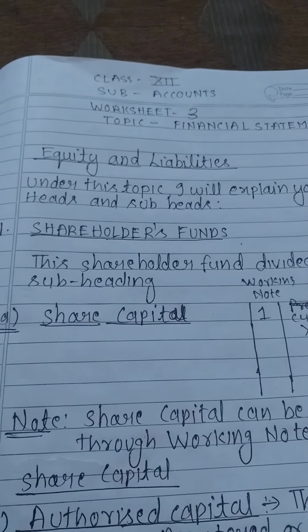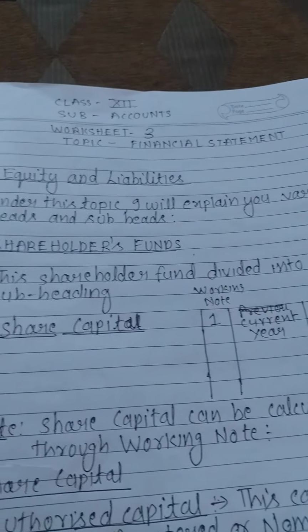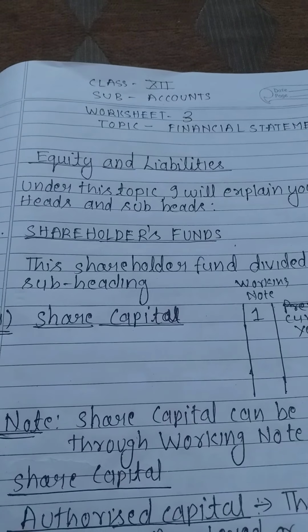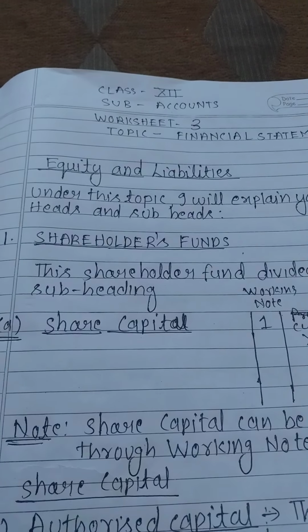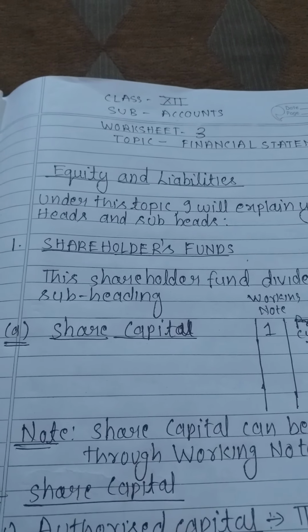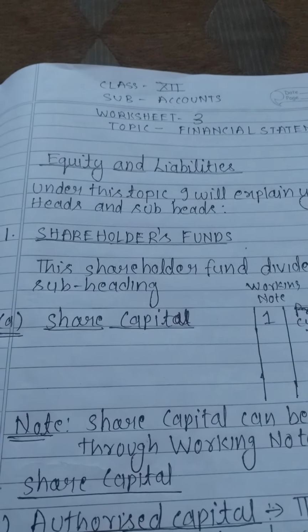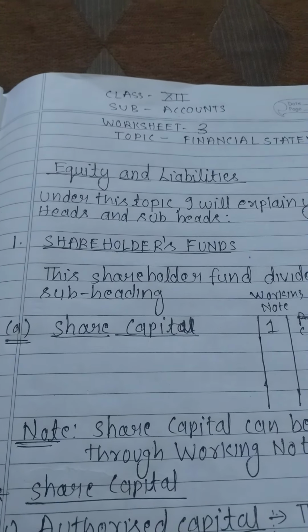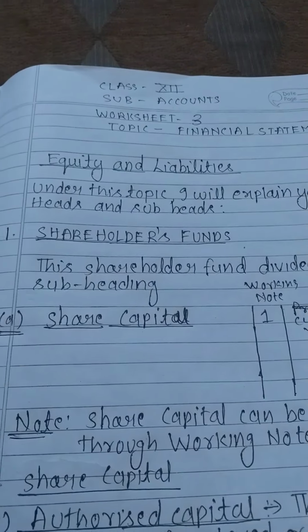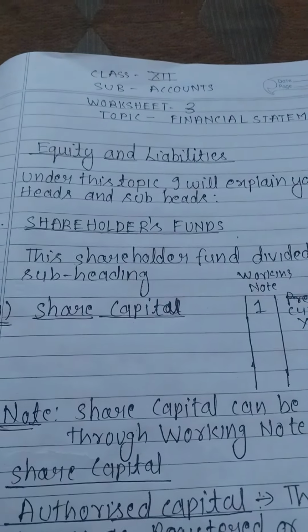The shareholder funds are further divided into three subheadings. The first one is share capital. The second one is reserves and surplus. And the third one is share warrants. So one by one, I will try to explain you each and everything.